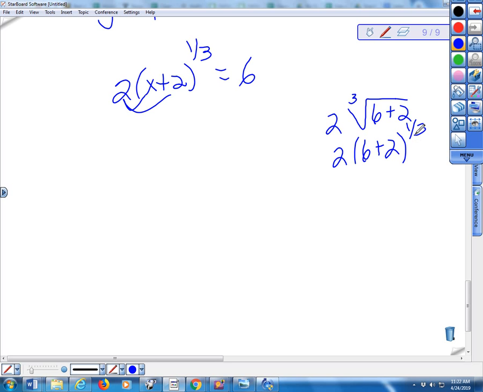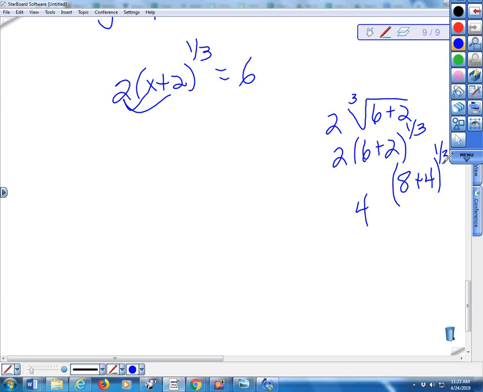If x is 6, well, what's 6 plus 2? 8 to the 1/3. 2 times 2 is 4. If I distribute this in, I get 8 plus 4 raised to the 1/3. That's 12 raised to the 1/3, which is not 4. Okay, you can't distribute into the root.